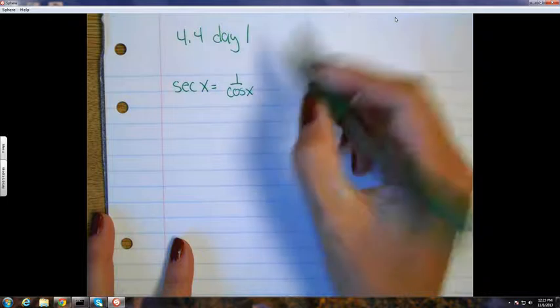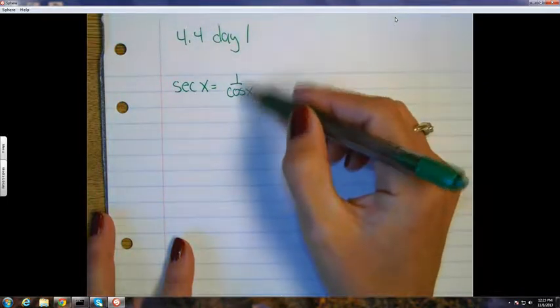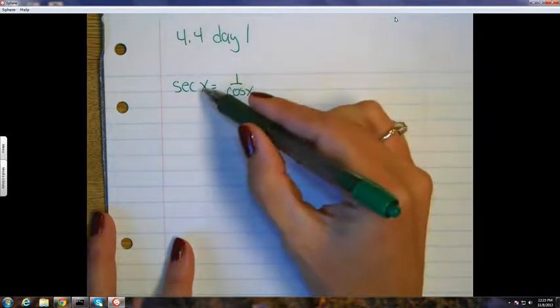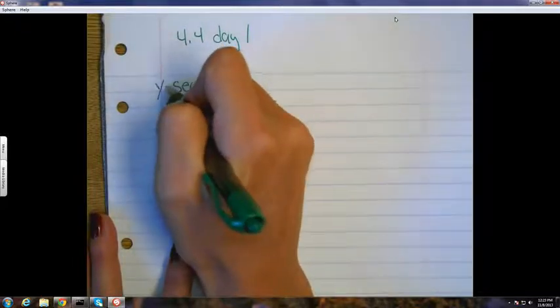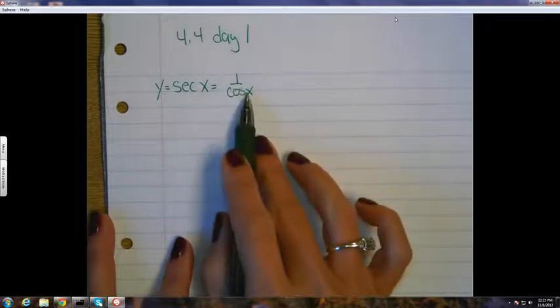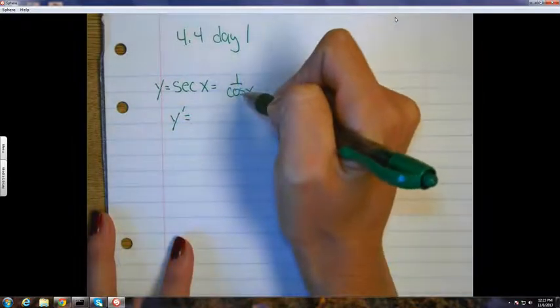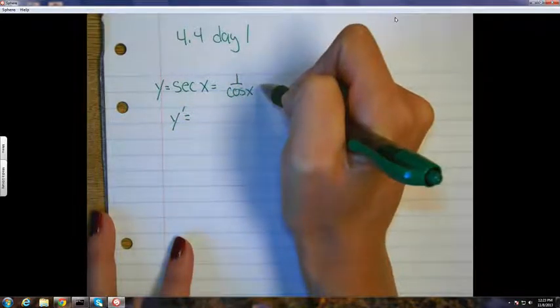And because we know how to do the derivative of a quotient, we can discover the derivative rule for secant. So we're going to let y equals secant x, and secant x equals 1 over cosine x, and now we're going to do the derivative of this. So y prime, think of it as a u over a v, or we could rewrite it with a negative exponent. I guess it doesn't really matter.